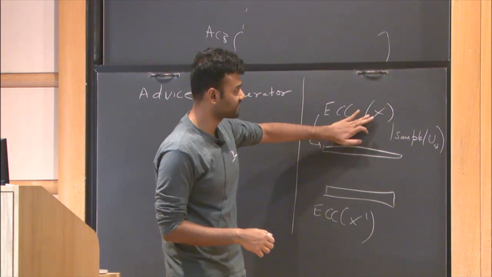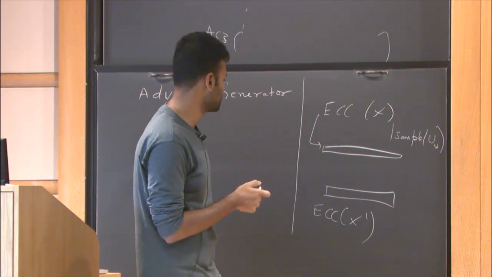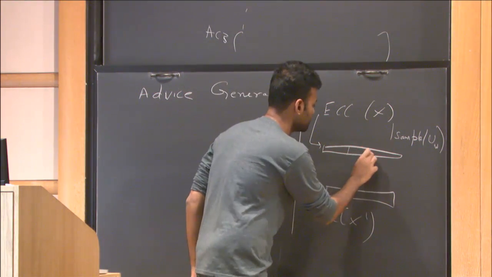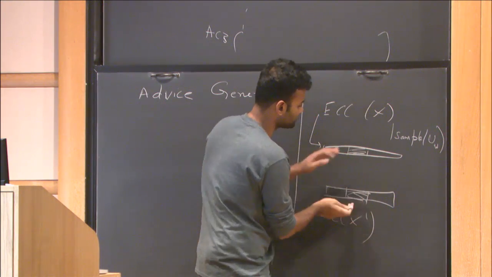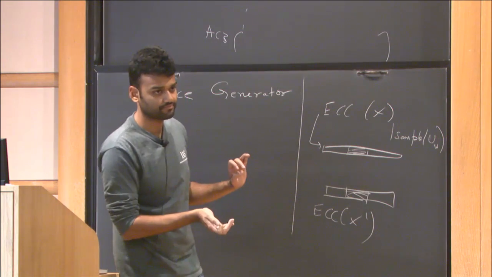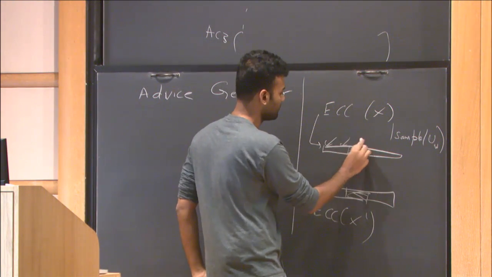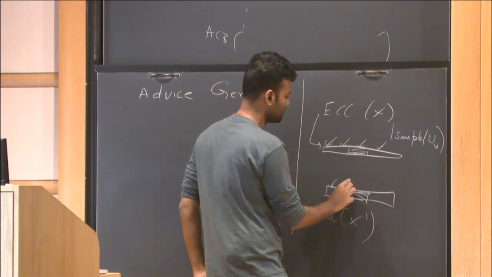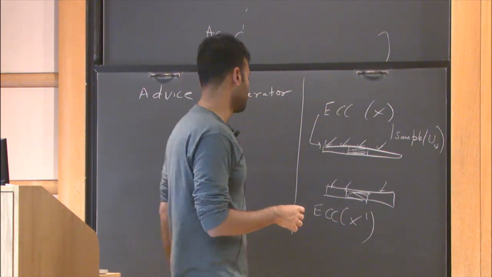Since x and x prime are different by assumption, because we assumed it has no fixed points, there is a large chunk of coordinates where these two strings do not match. And probably you could sample randomly a few of these coordinates.